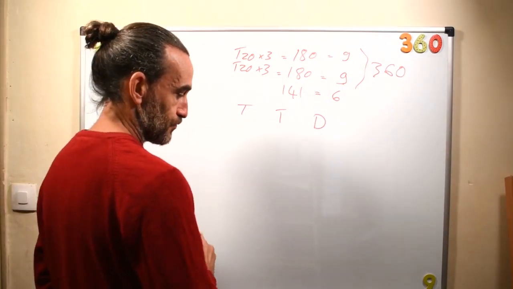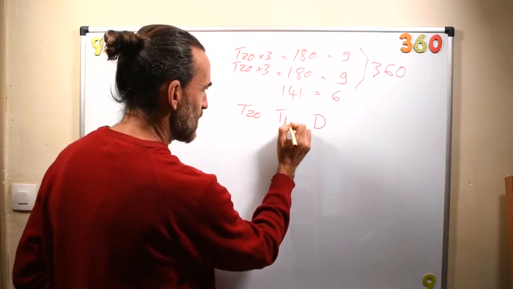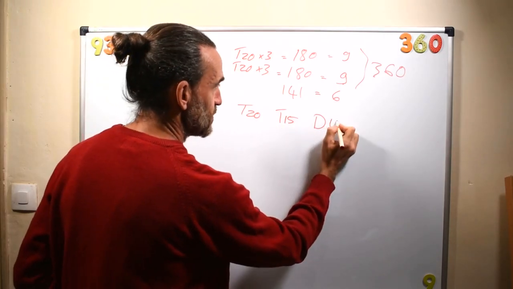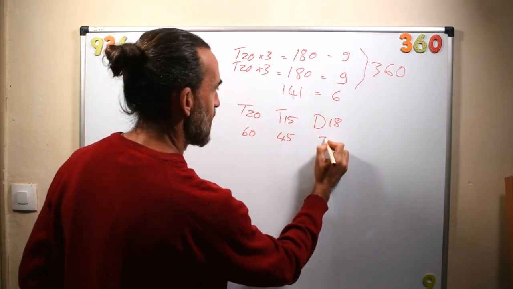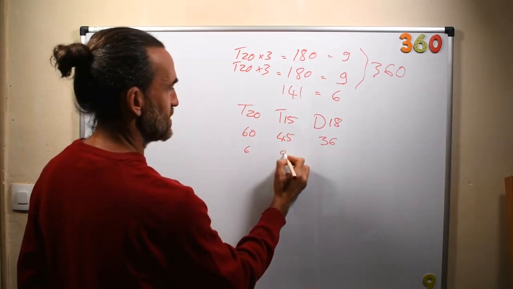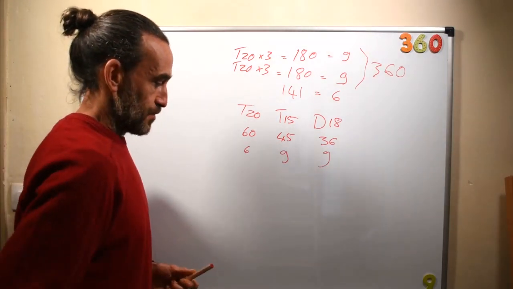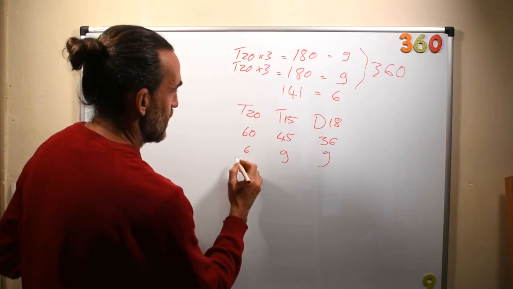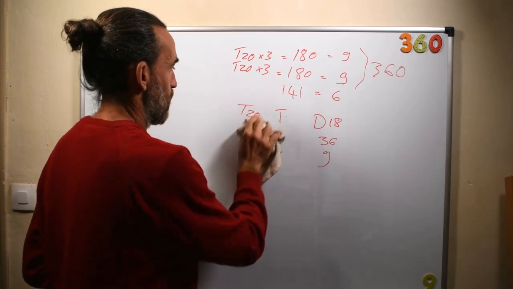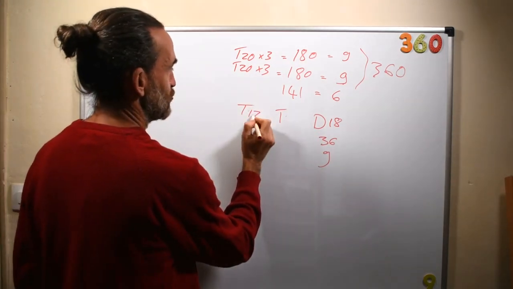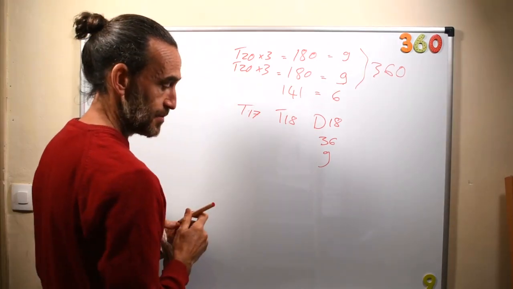So another way is treble 20, treble 15, which leaves you with double 18, so 60, 45 and 36. So root numbers 6, 9 and 9 there. And you can do it with treble 17, treble 18, double 18.